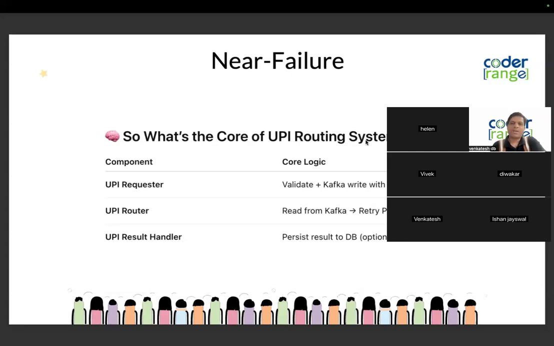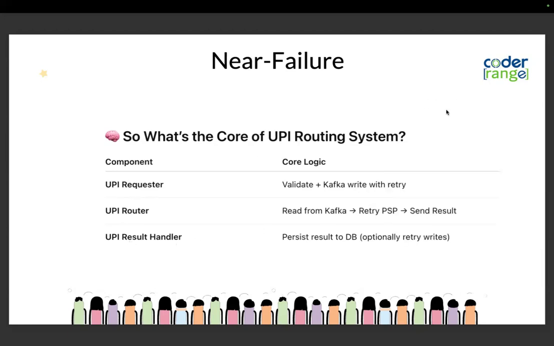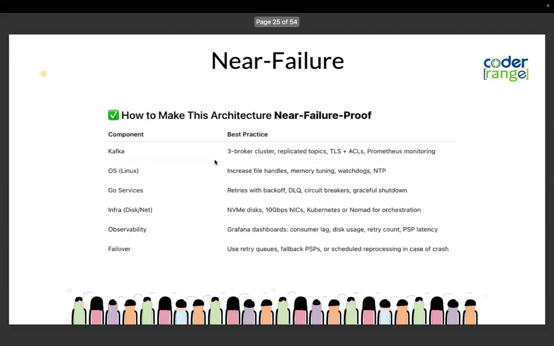Every time the architect or your senior engineer in the real world will talk about, okay, we are working with the routing system, and we have the UPI requester, UPI router, UPI result handler. This will validate and write to Kafka with retry. This will read from Kafka and retry with the PSP, that is the bank, and send the result, and this is persistently stored.